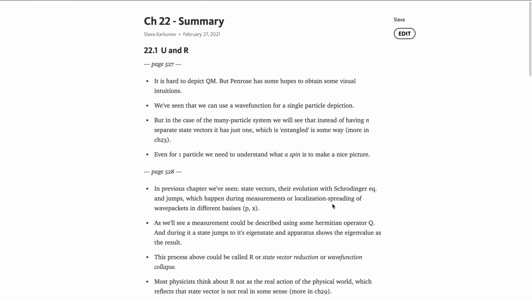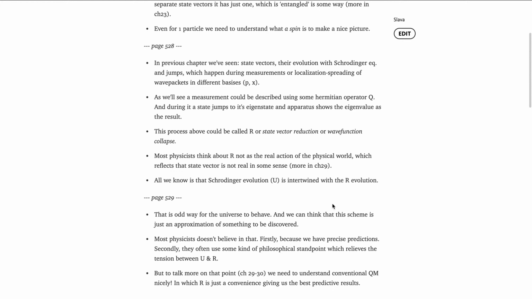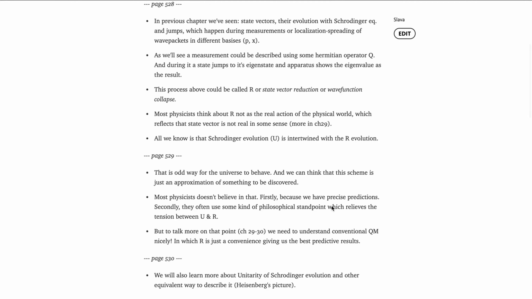That's it for the first subchapter, an overview of the current chapter, and I think the most interesting part is the relationship between U and R, and maybe the idea that a new theory could be built and some revolution made in quantum mechanics on the connection of U and R processes.